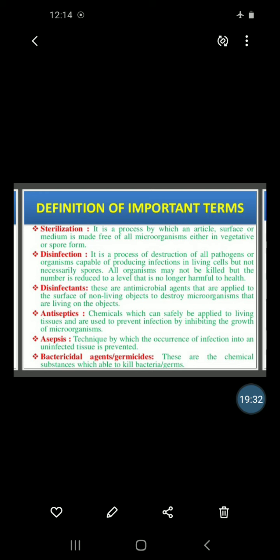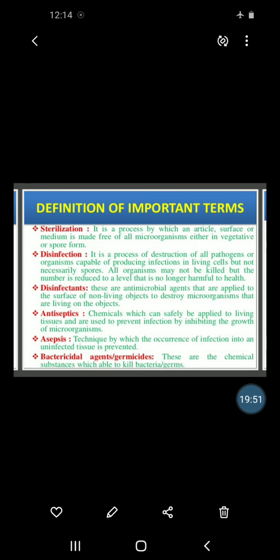This method is suitable for dry materials, for example powders, metals, metallic devices, or glasswares.